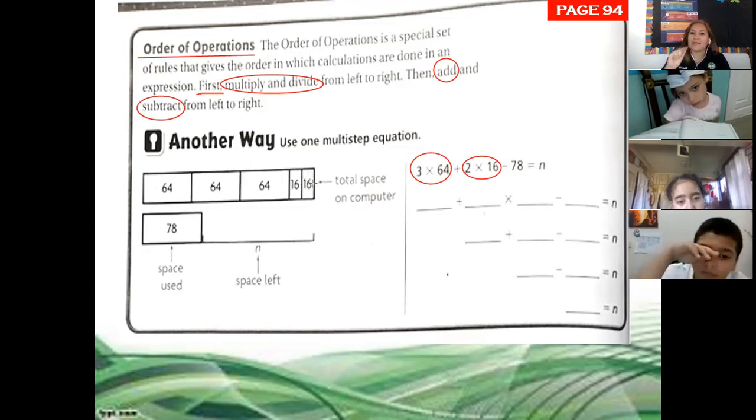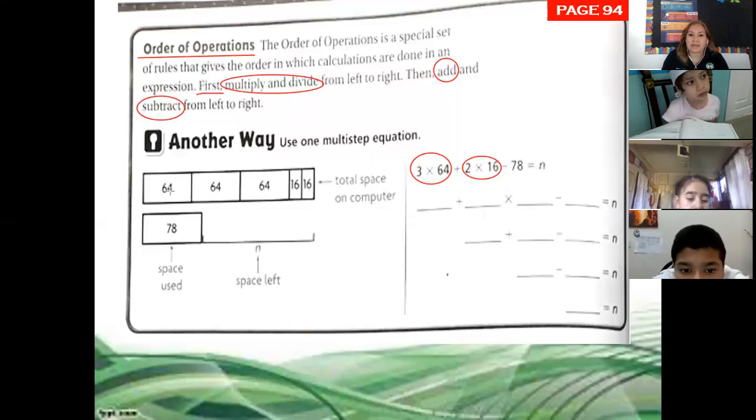And this is the same problem we did on page 93, but this is another way. So we know that 64 plus 3 times 64, we already know this number. What is the answer of this multiplication? 3 times 64, you already have it.